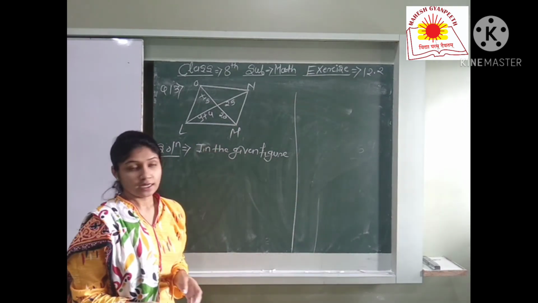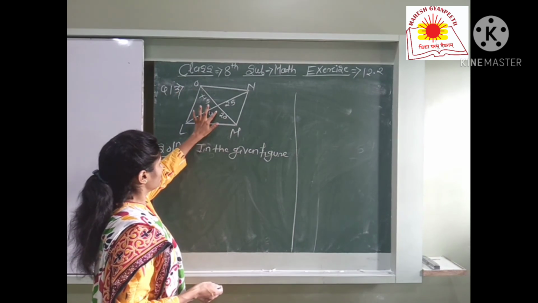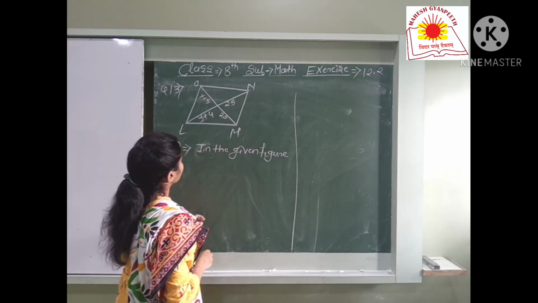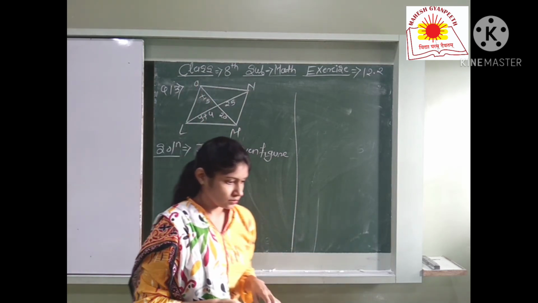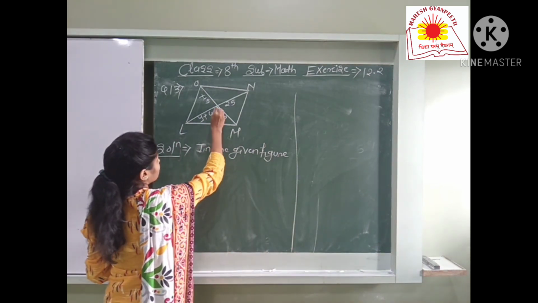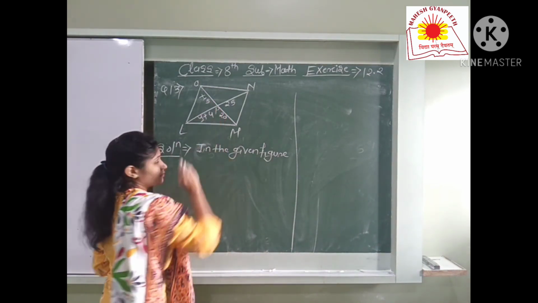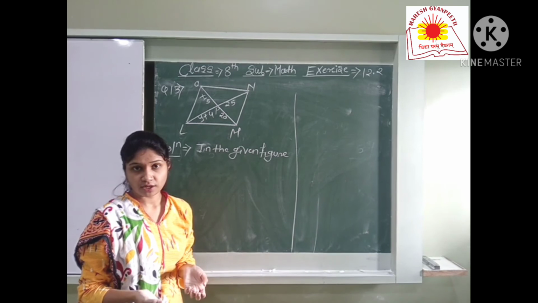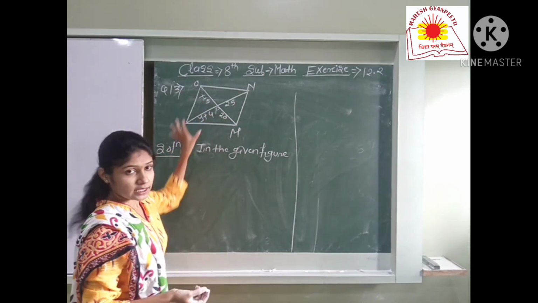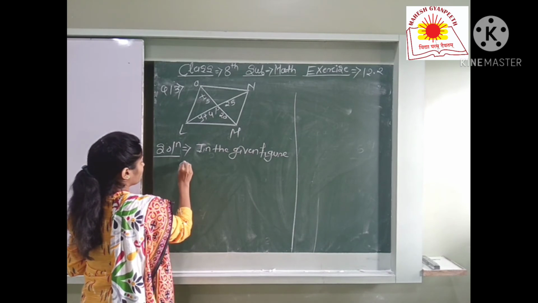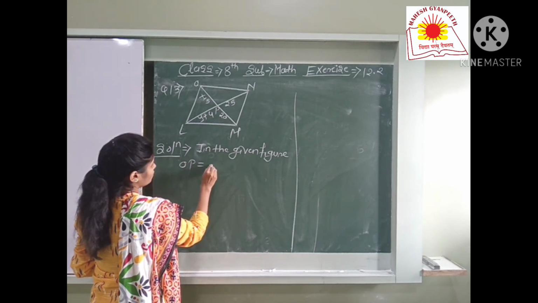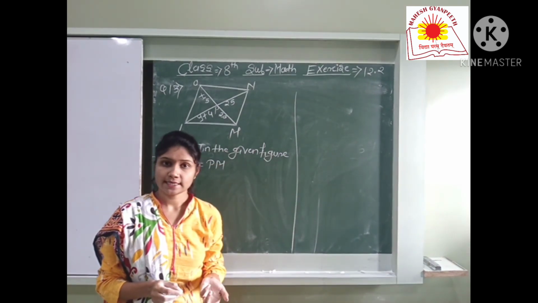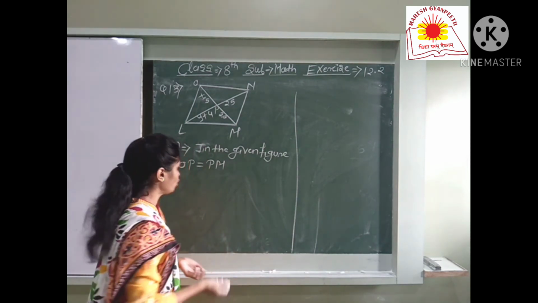Suppose the point of intersection is P. Then OP and PM are equal, because diagonals bisect each other. So OP is equal to PM.